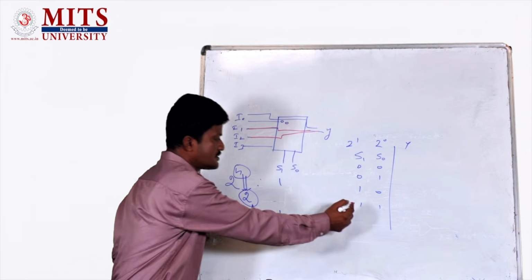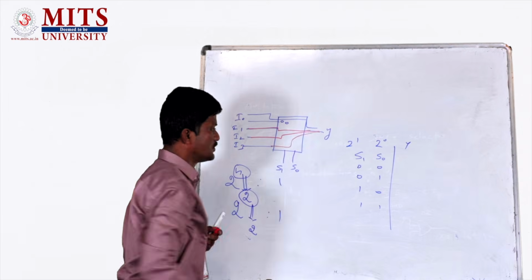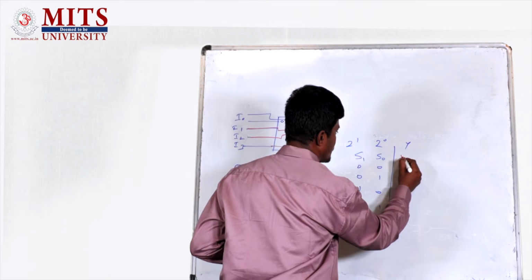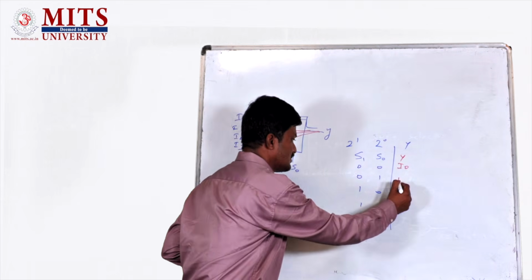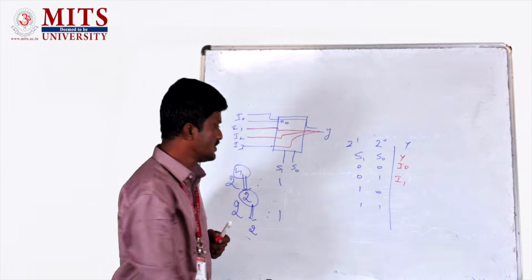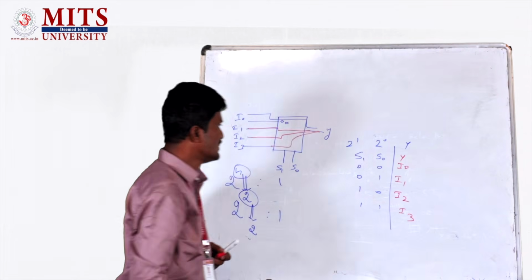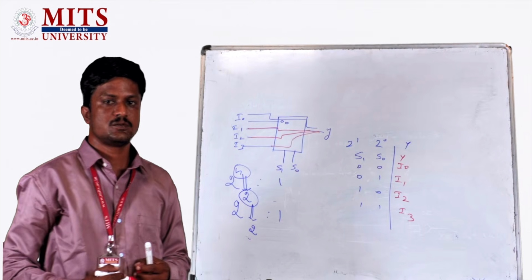In the fourth case, 1 1, then I3 is my output. That's why I have written it here. So the output is the first case I0, the second case I1, the third I2 and I3. This is called the truth table of the 4:1 mux.